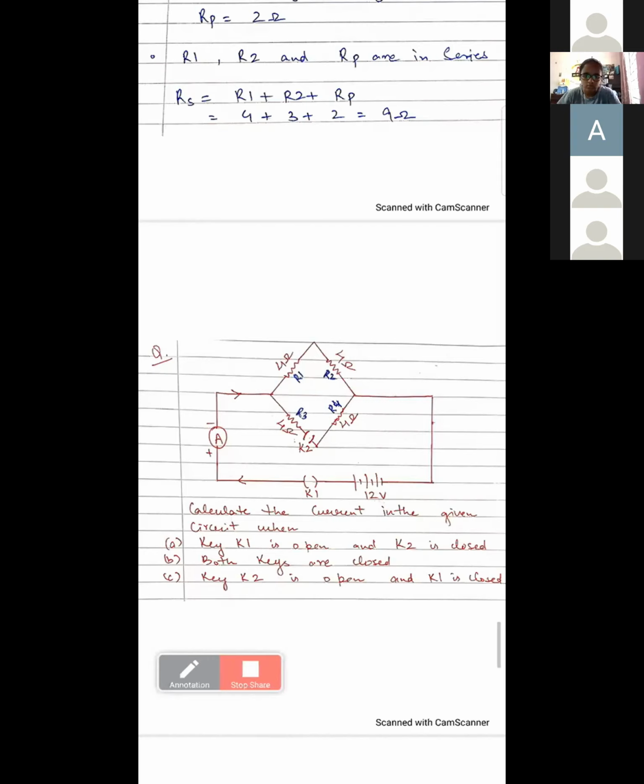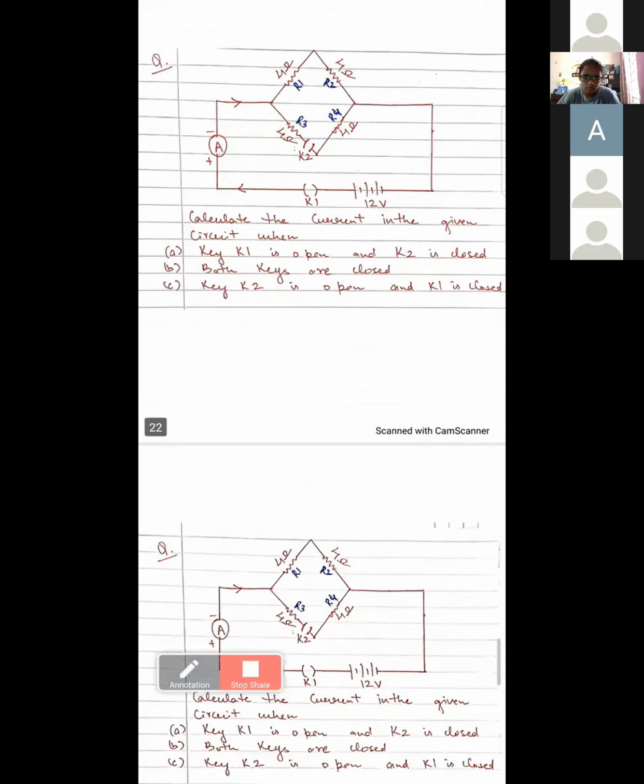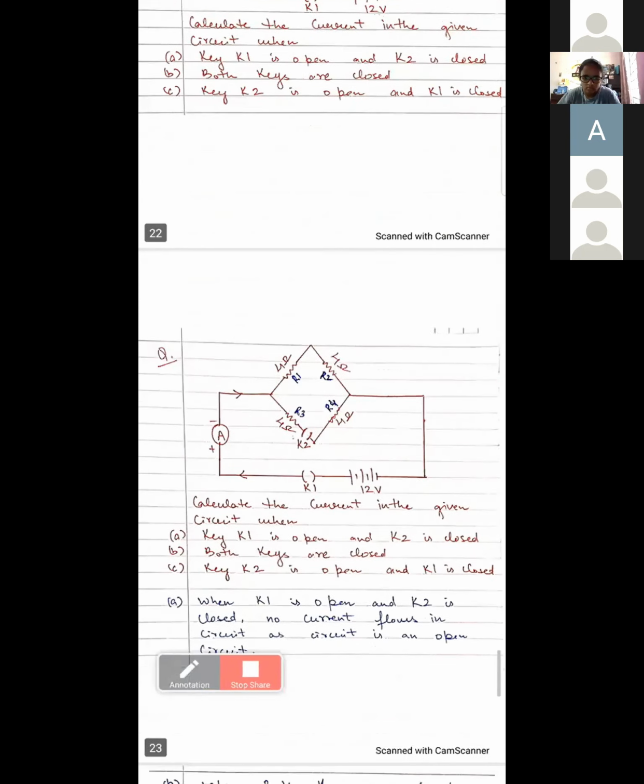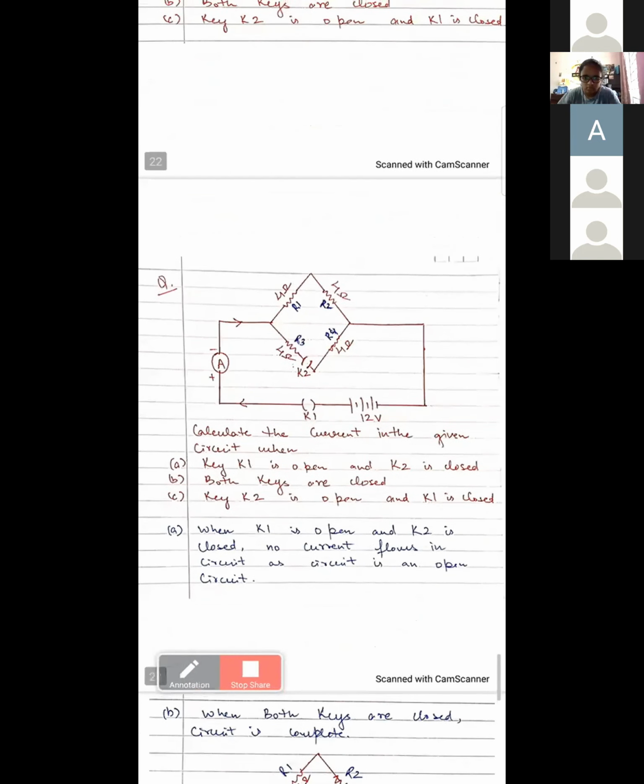If K1 is open, then K2 is closed, but no current will flow because it's an open circuit. The circuit is not complete, so current is 0 in case 1.